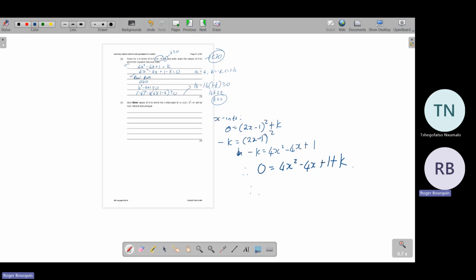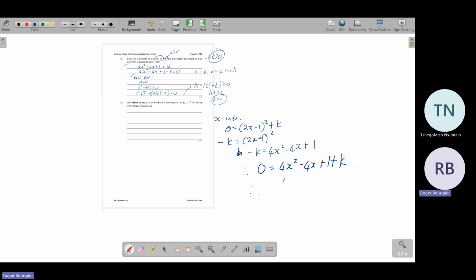Fair enough. Happy up to where I've got to. Just check. And I've just moved that minus k to the other side.